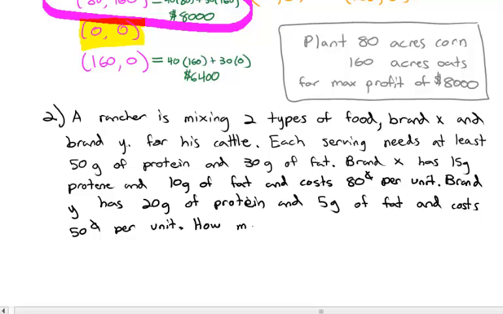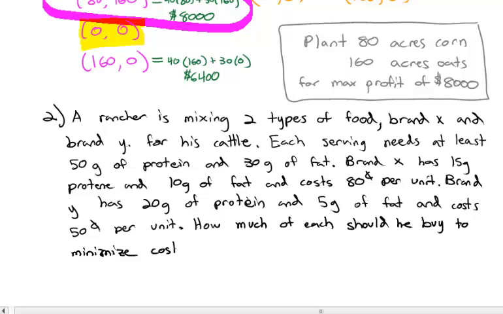So the question the rancher is interested in is how much of each should he buy to minimize the cost.